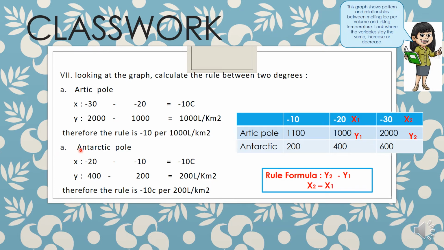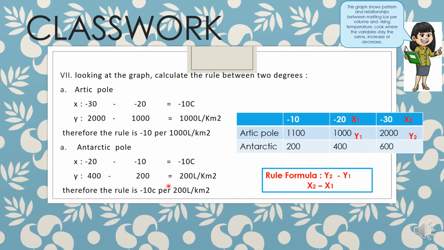Do the same with the Antarctic pole. X value, x2 minus x1, which is negative 20 minus negative 10. What? Negative 10 degrees. That's the difference between them. Do the same with the values beneath. 400 minus 200 is what? 200 liters per kilometer.